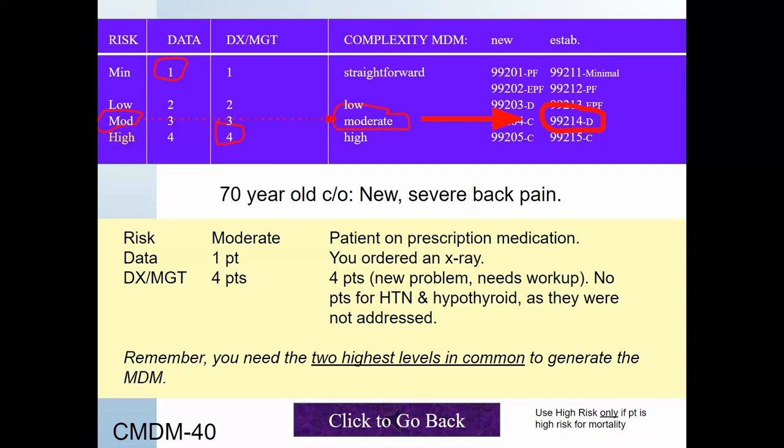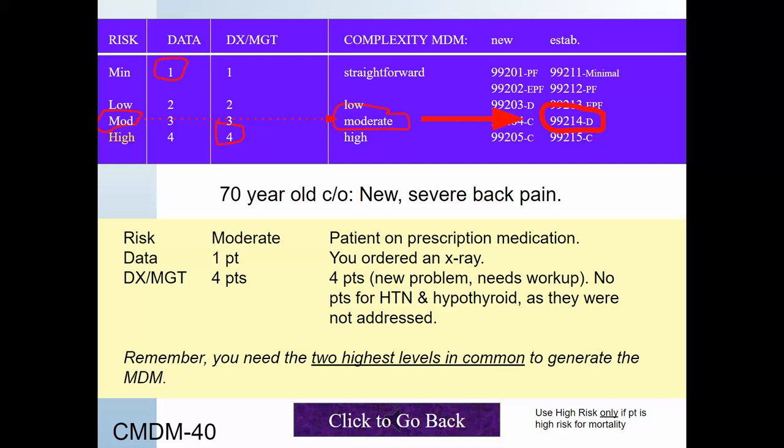Now, even if you did address the hypertension and hypothyroid, the counting stops at 4 because it's the new problem needing workup. So you can address the hypertension and hypothyroid if you want, but you're not obligated to. You're only obligated to address what you want.